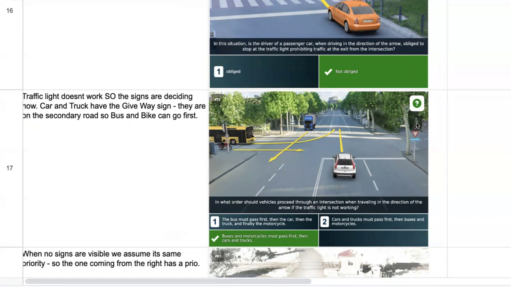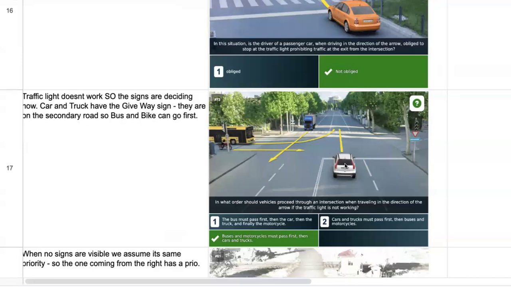If the traffic lights were on, then signs wouldn't matter. And if they both have green light, it wouldn't happen like that. But let's say that there were no traffic lights at all, and it was equal roads. If it's just regular equal roads without a secondary road sign, then we would just calculate.